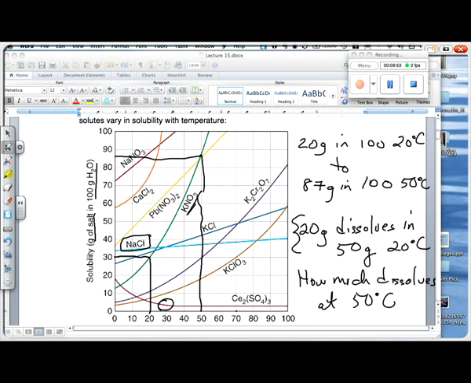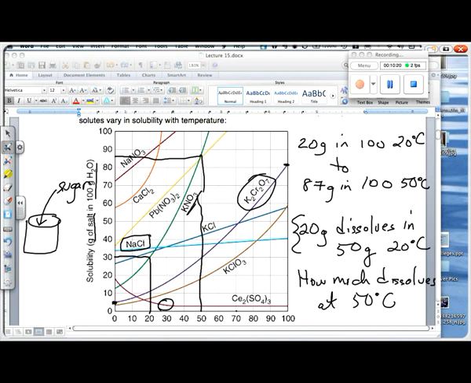So, to make rock candy, you take boiling water and keep putting the sugar in until you can't get any more to dissolve. And then you let it cool. So if this were sugar, if this were sucrose instead of potassium dichromate, you can get this much in at a high temperature, but only this much in at a lower temperature.